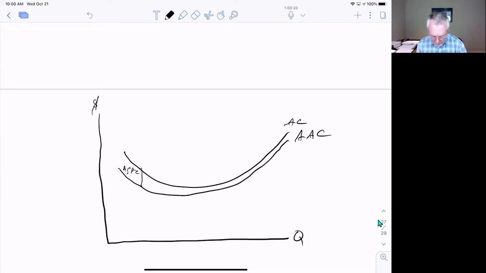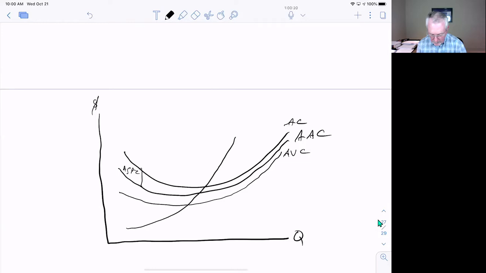And then we have this third curve, which is an average variable cost. And then our marginal cost curve, as we argued, goes through each of those at their minimum point. So by our logic so far, what do we have?